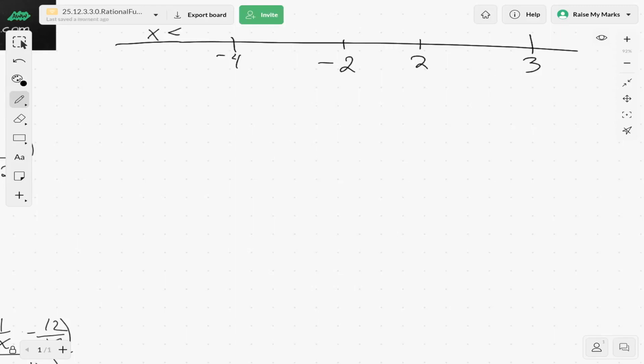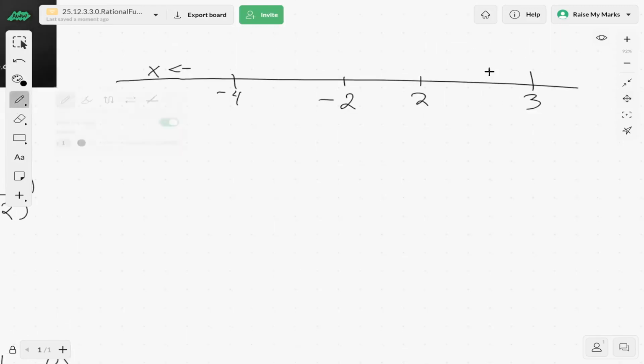So when x is less than -4, x is between -4 and -2, x is between -2 and 2, x is between 2 and 3, and x is greater than 3. So these are our intervals.